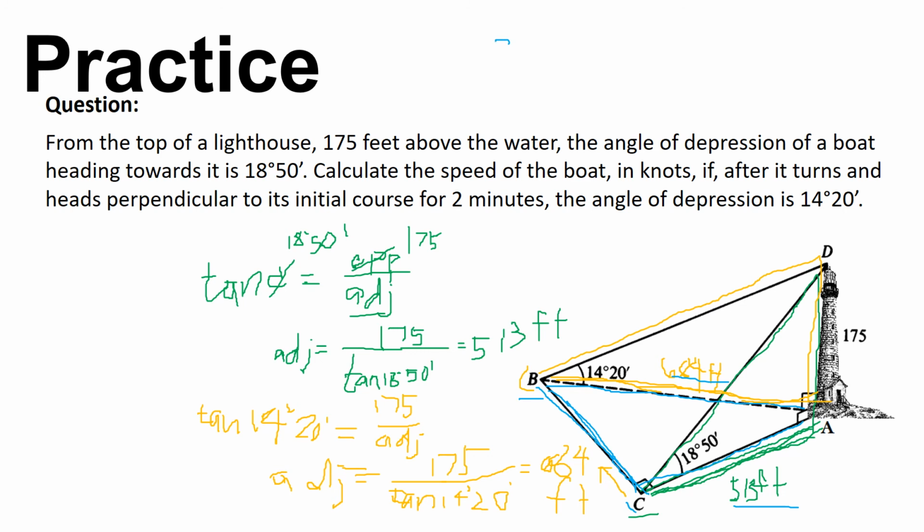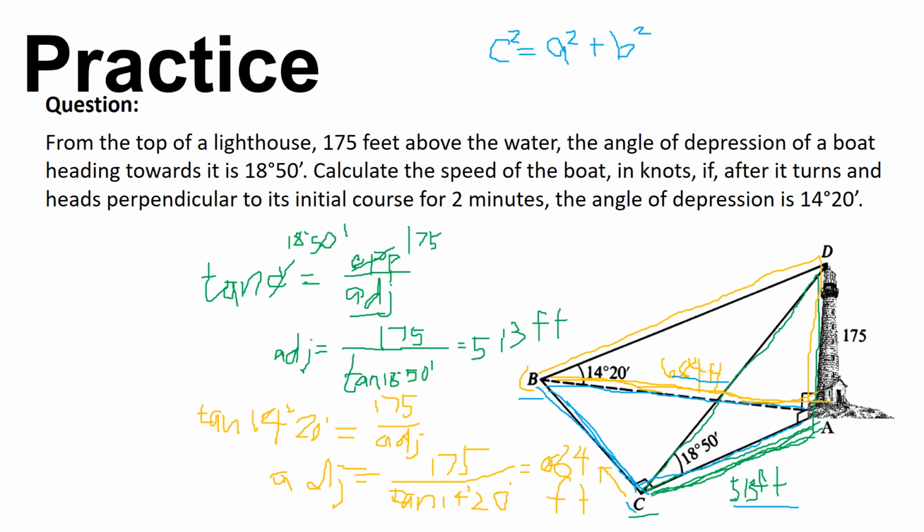Pythagorean theorem states that the square of the hypotenuse is equal to the sum of the squares of the two other sides.